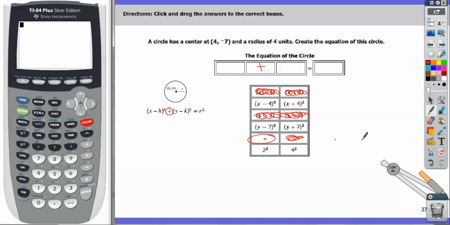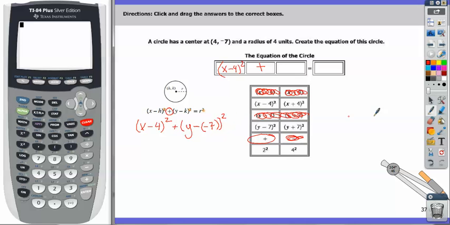So let's see, it says x minus h squared, and h and k are my center, so x minus h squared, that's what I'm looking for. And y minus negative 7 squared.